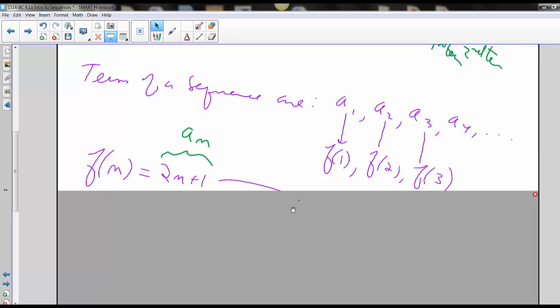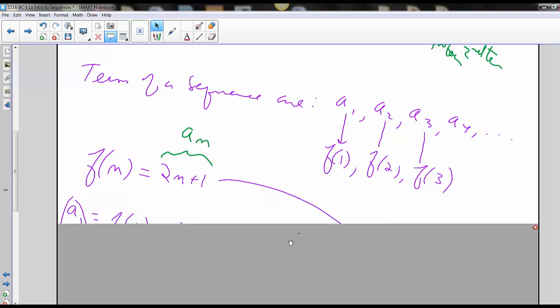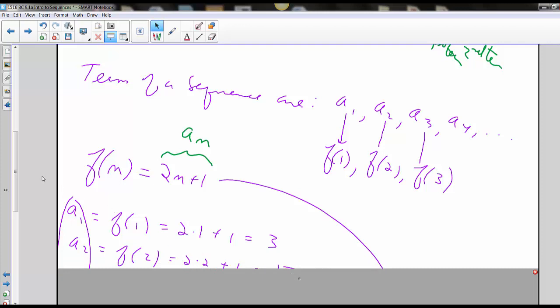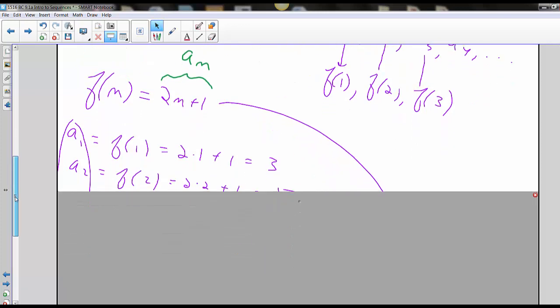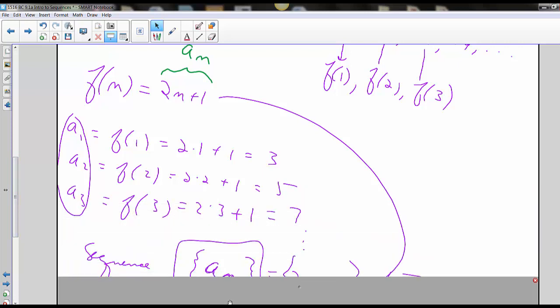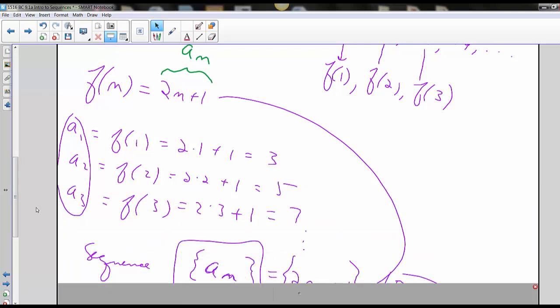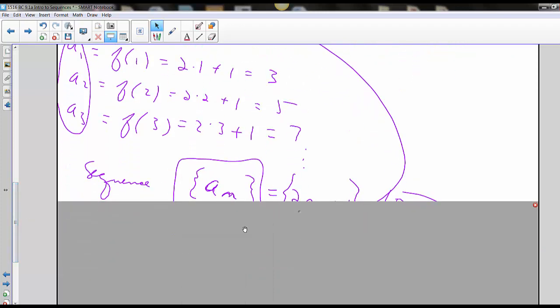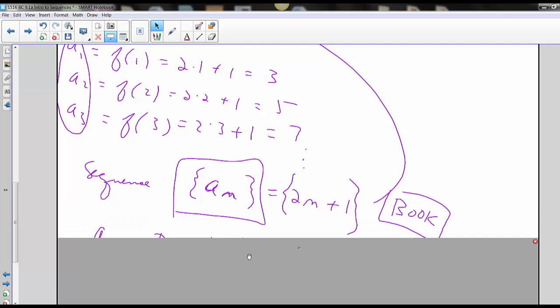Here's an example. They're going to define the sequence as the function of n equals 2n plus 1. That 2n plus 1 is your a_n. So a_1, which is f of 1, will be 2 times 1 plus 1, etc., then a_2, a_3. The way we write this sequence is in braces: braces a_n equals 2n plus 1.